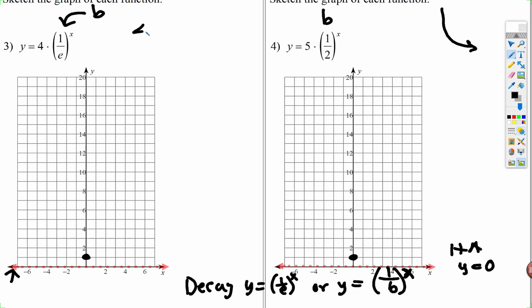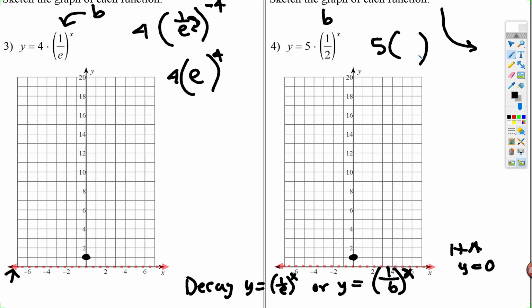If we put a -4 as an exponent, well, remember, a negative exponent says do the reciprocal, so that then becomes e to the +4. We flip this if there's a negative exponent. So if we put -4 here, that would be 5 times (2 over 1) to the +4. And now that these are integers again, you can see that the graph would be doing this.